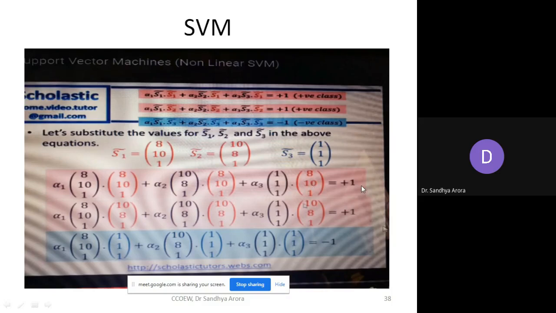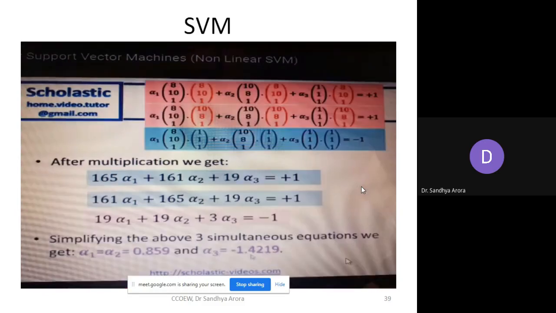Okay, so the concept is the same as you solved in the previous case. You can solve now for these mapped data points and you will be able to find the plane equation. These are the 3 equations.